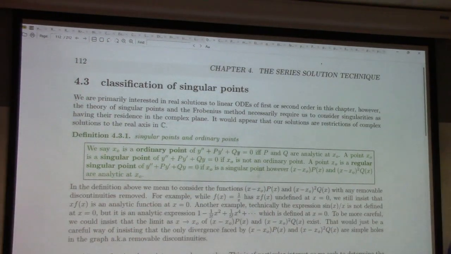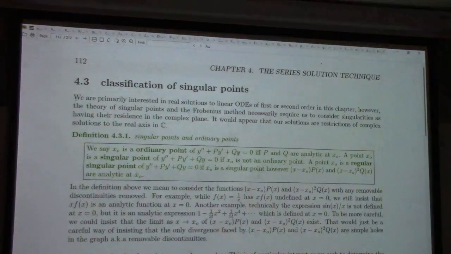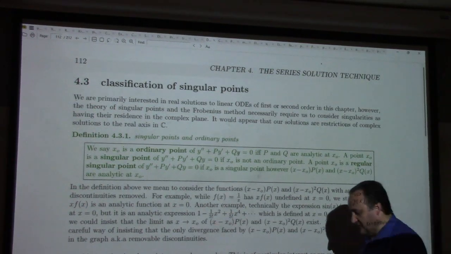Technically speaking, they're undefined, but by simply multiplying by x minus x naught or x minus x naught squared respectively, we clean them up. We basically remove the singularity, and you're left with a function which is defined at x naught, indeed analytic at x naught, which means it has a power series expansion.